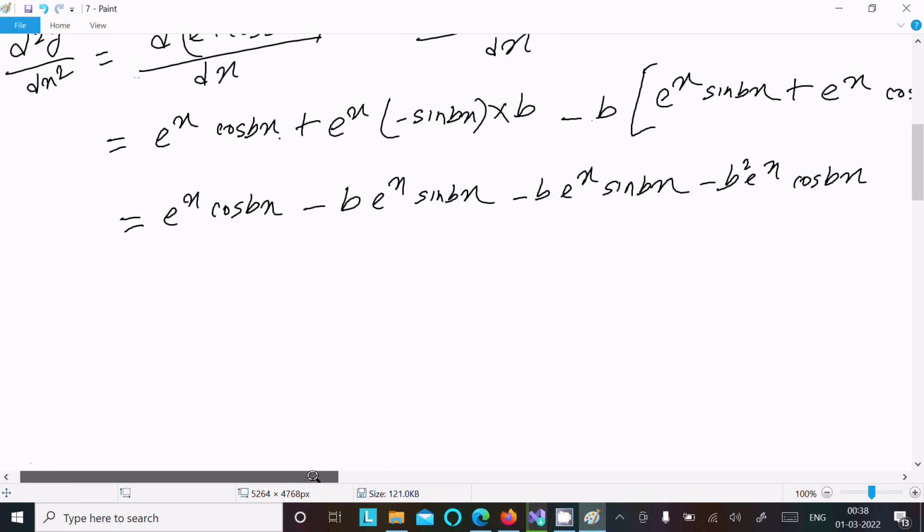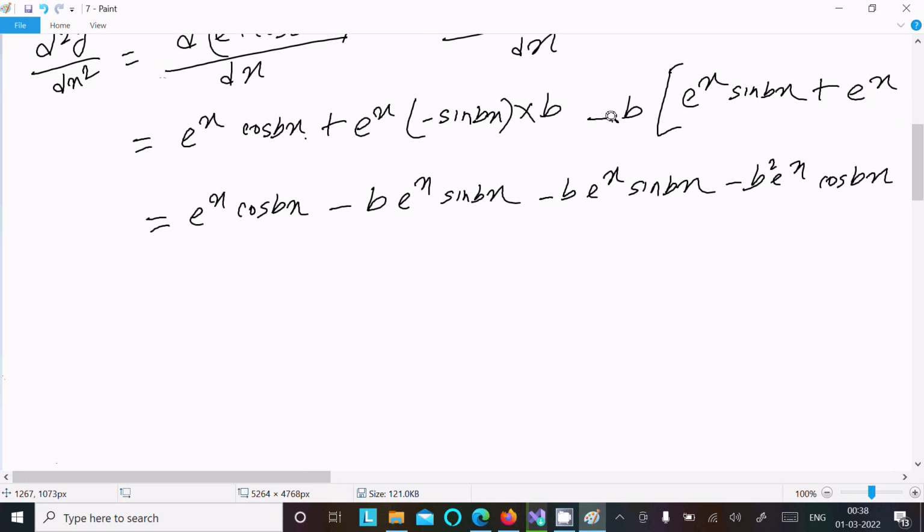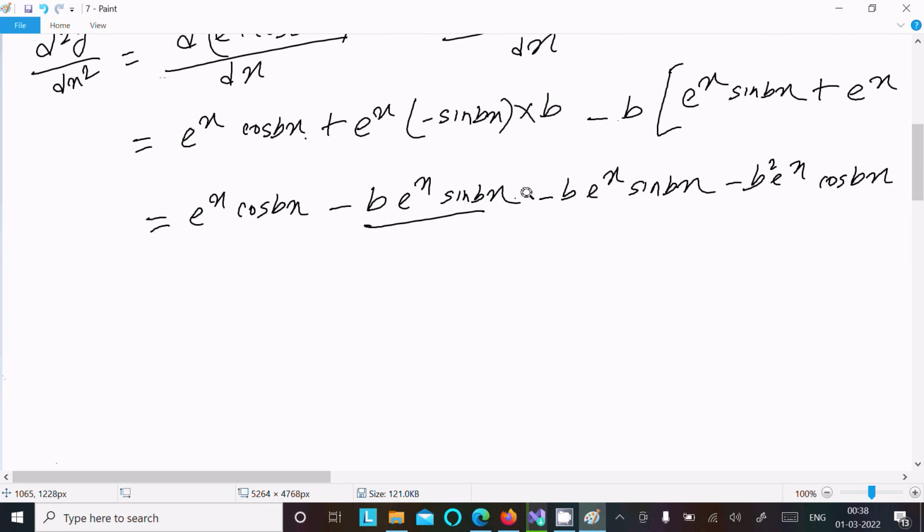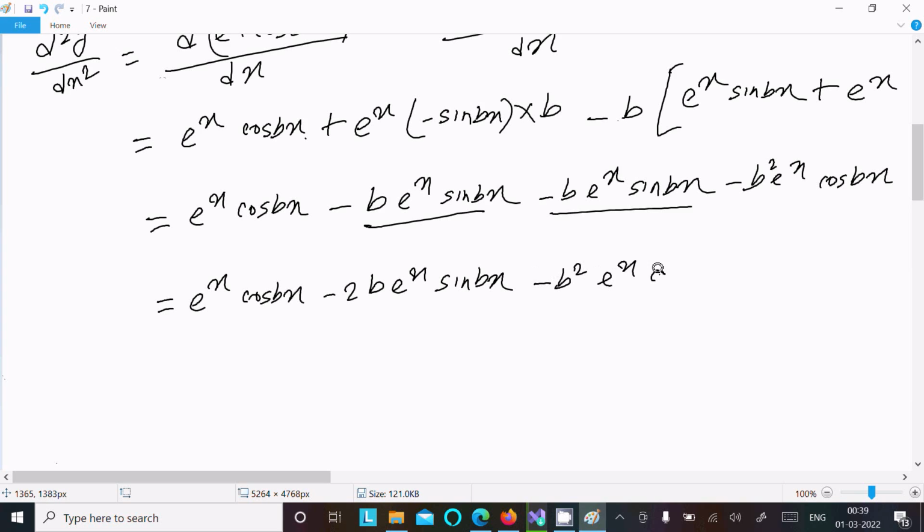Now you can see e power x sin bx are the same terms, so that we can add them. So this is now e power x cos bx, minus 2 b e power x sin bx, and b square e power x cos bx. So second differentiation is this one.